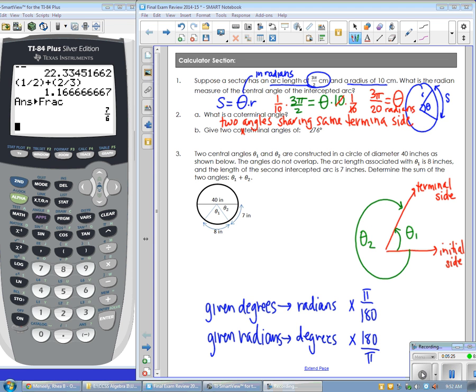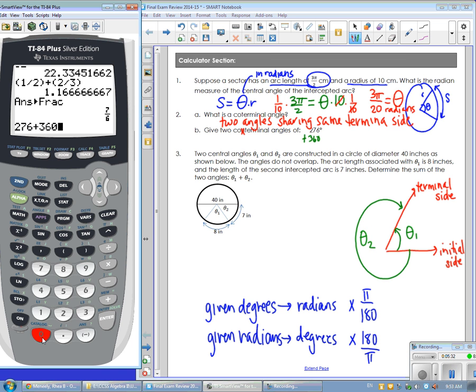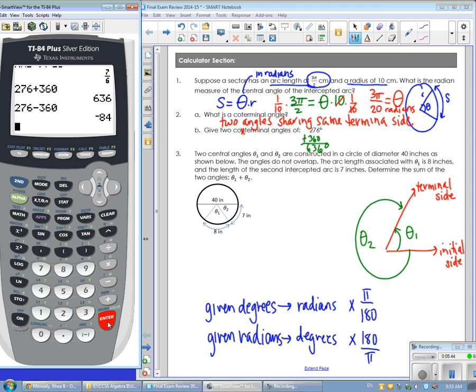So for example, if we add 360, so 276 plus 360, and these are actually the same angles, is going to give you an angle measure of 636. If I subtract 360, it's going to give me a negative 84 degree angle.